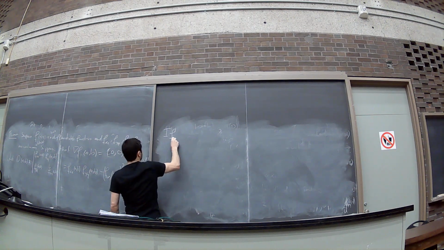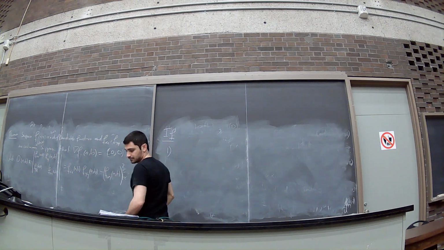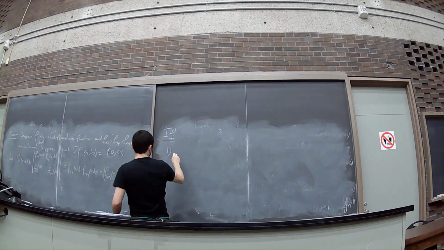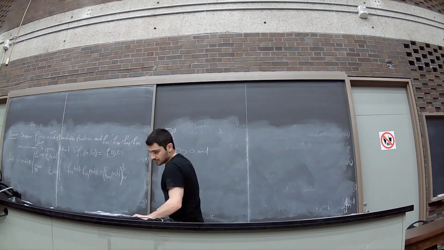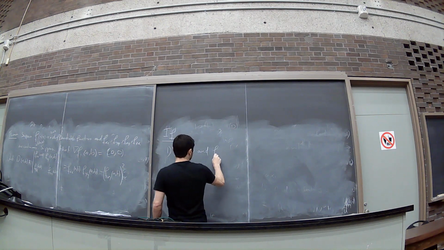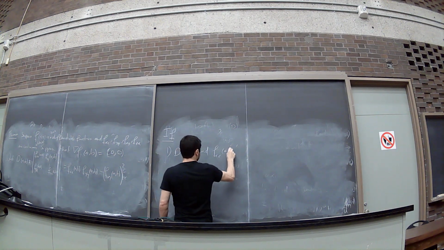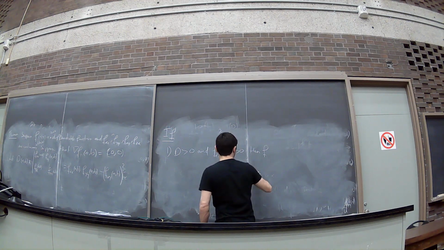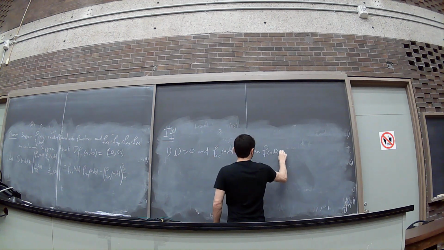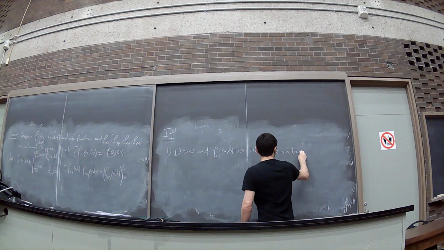One, if D is positive and fxx(a,b) is positive, f(a,b) is a local min.